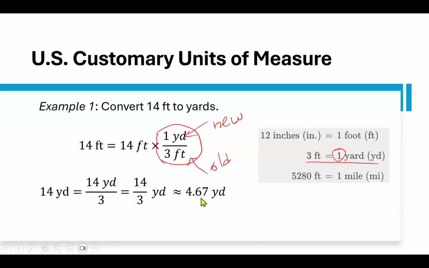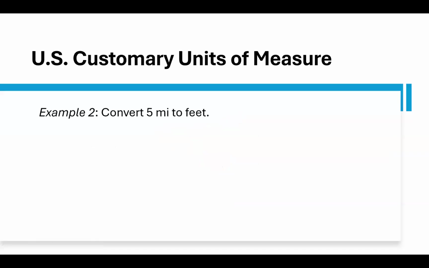We use decimals though to give us an idea. Like if the question was, what is exactly 14 over 3? Well, not exactly, but approximately, which is that symbol, that is about 4 yards and 0.67 of another one. Let's do another example.